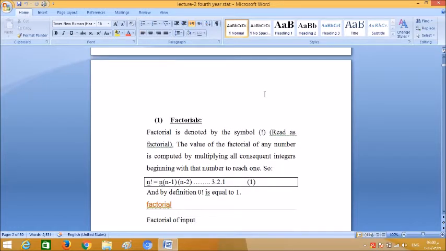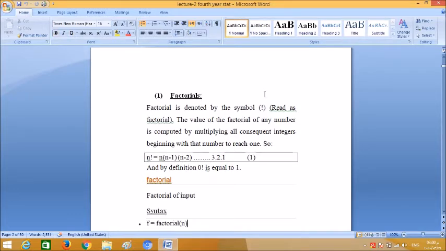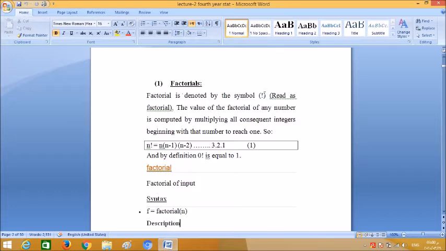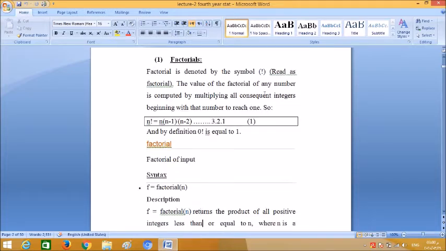The function factorial means factorial of the input, any integer you want. Syntax: f equals factorial(n). Description: f equals factorial(n) returns the product of all positive integers less than or equal to n.